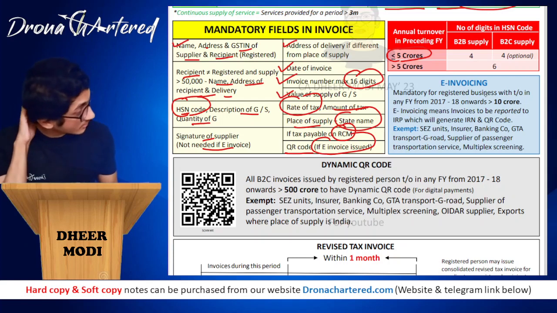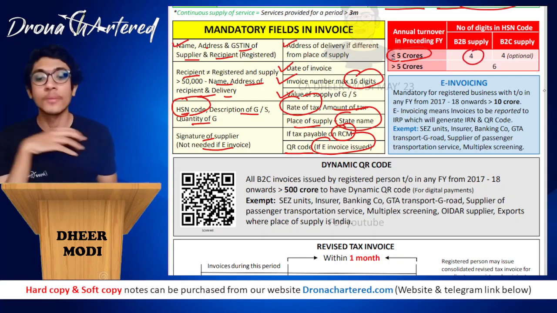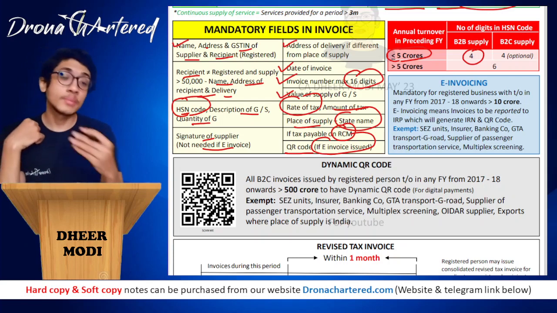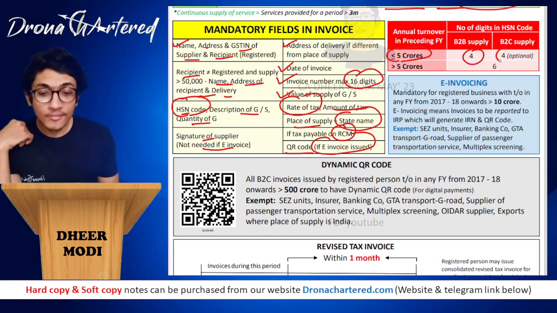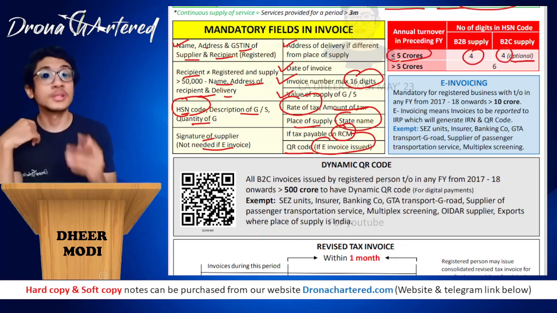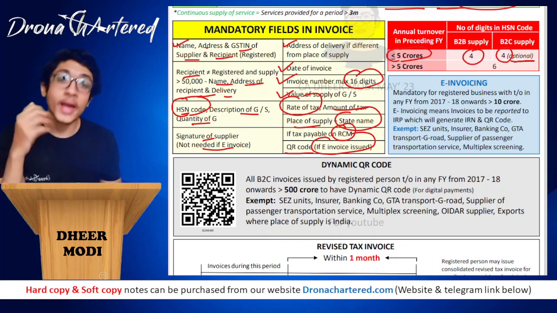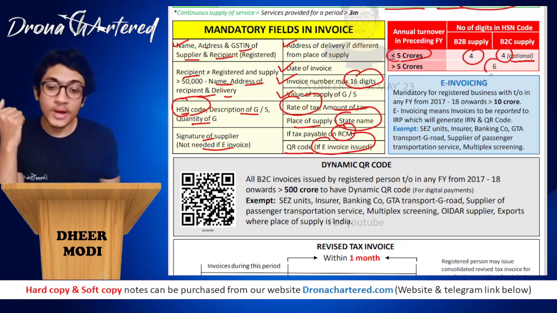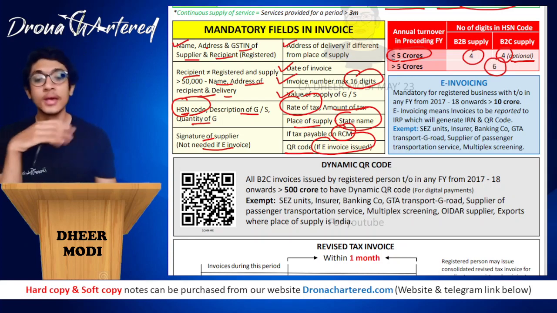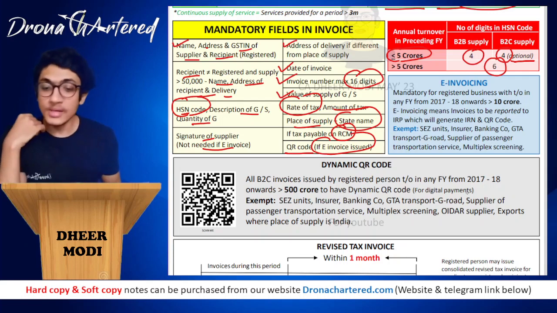So in case of business to business supply, you have to have 4 digits of your HSN code. However, if it is a B2C supply, that is business to consumer, in such a case, 4 digits, but it is optional, that is you may or you may not. However, if your annual turnover last year was more than 5 crores, then you have to put 6 digits, irrespective of whether it is a B2B supply or a B2C supply, 6 digits have to be there.